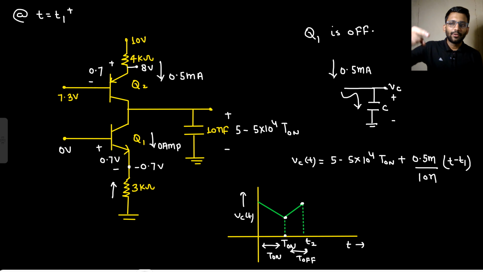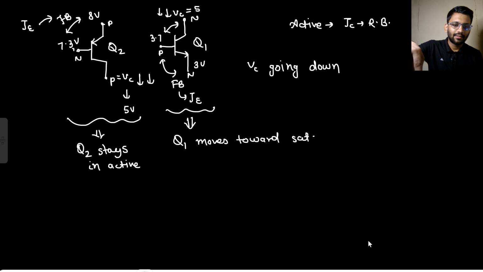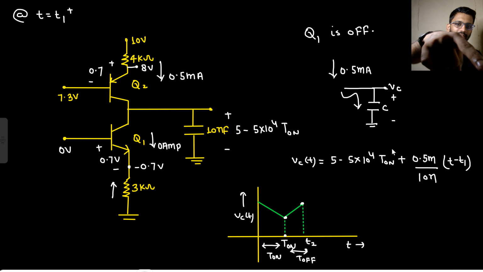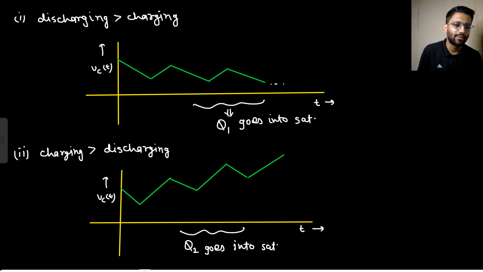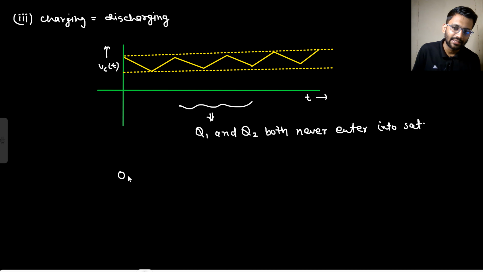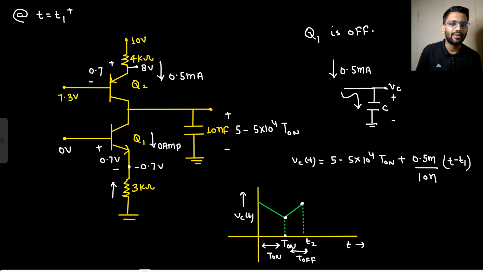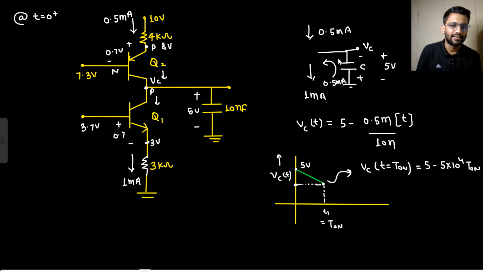So what was the speed of charging for this capacitor? It was charging with 0.5 milliampere current in t of time. So what was the charge it was gaining? 0.5 milli into t divided by C. And how was it discharging? It was discharging with 0.5 milliampere current as well, in the time window of t on.